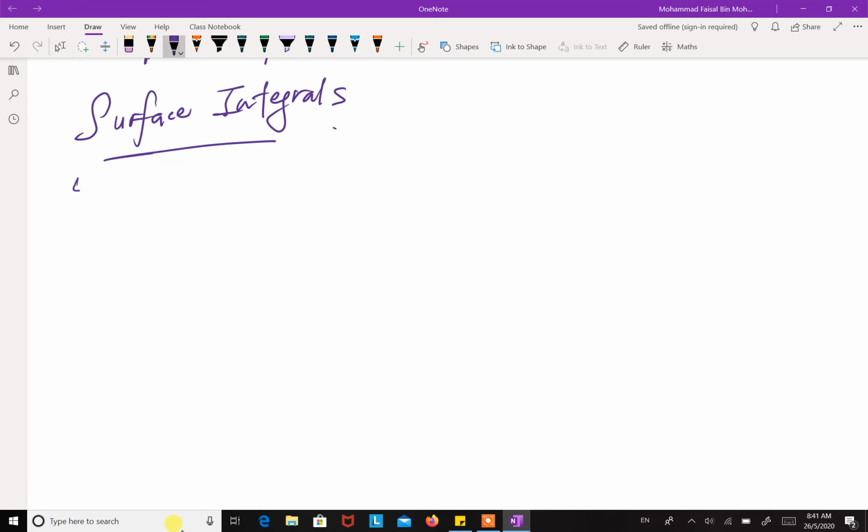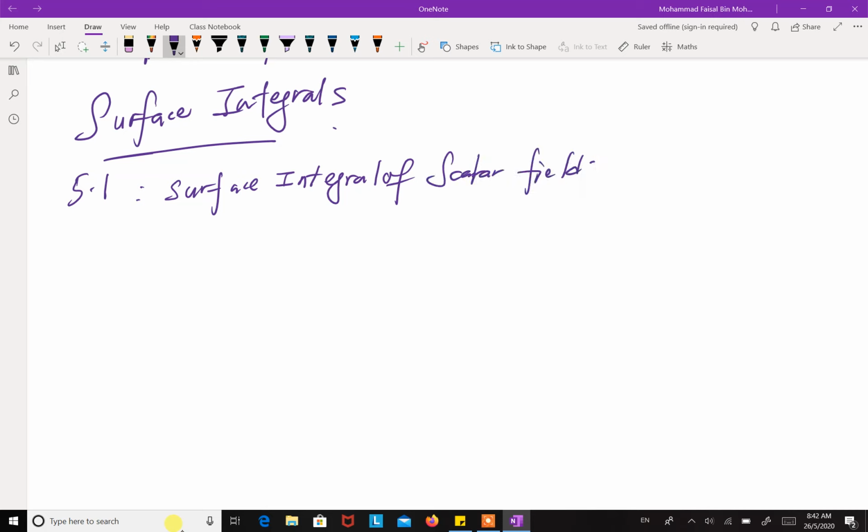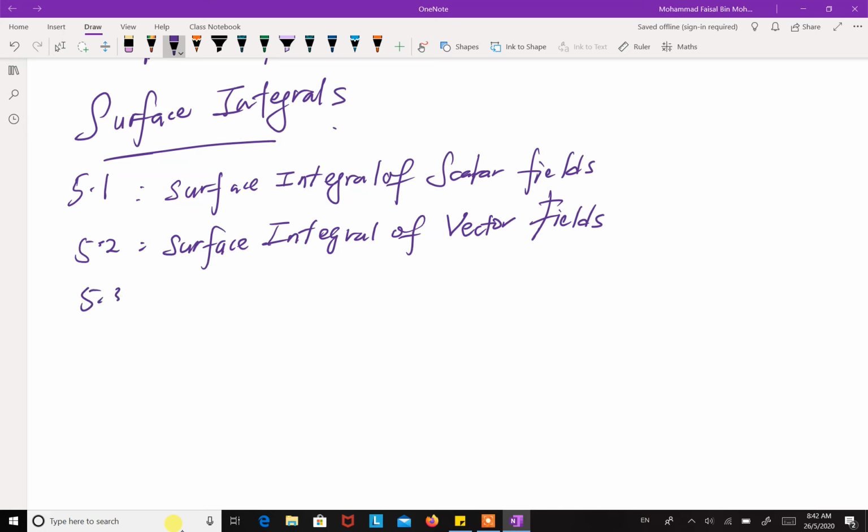Our outline will be 5.1, surface integral of scalar field, 5.2, surface integral of vector fields, 5.3 Stokes theorem, and Gauss theorem.